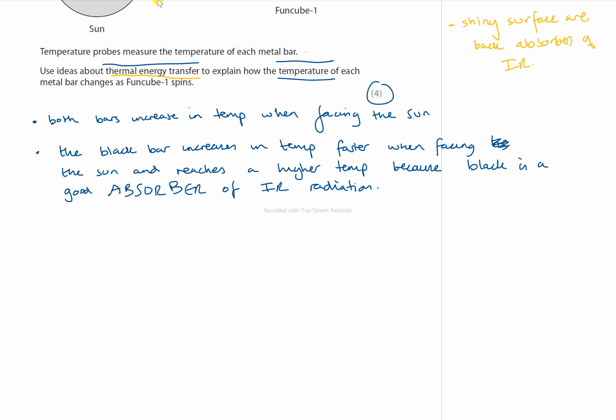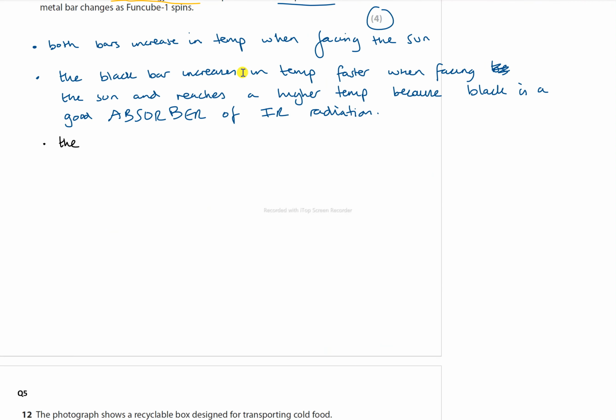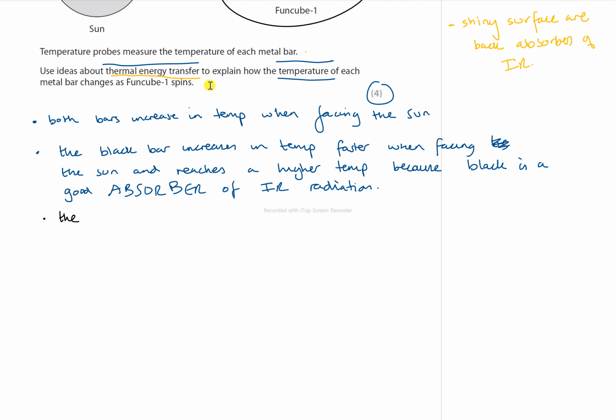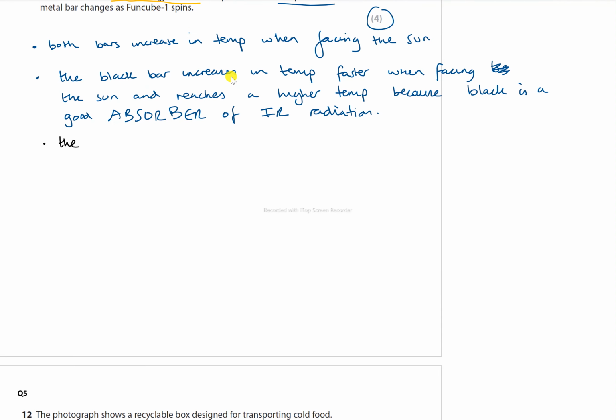Right, what's next? Right, so now the whole thing spins around, and now you've got the black bar at the top and the white bar at the bottom, and there's no direct sun hitting them. So as it spins, yeah. Let's go back to that.